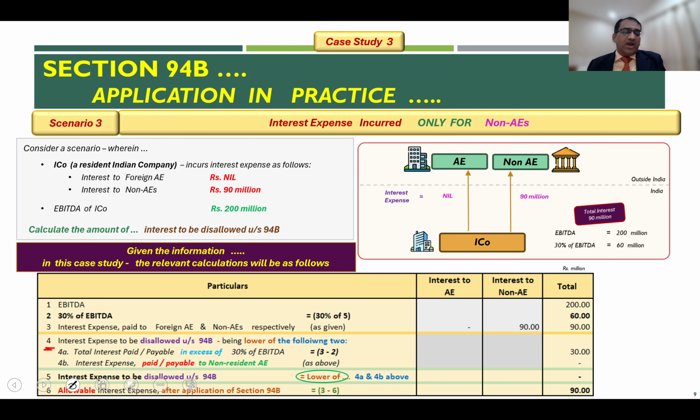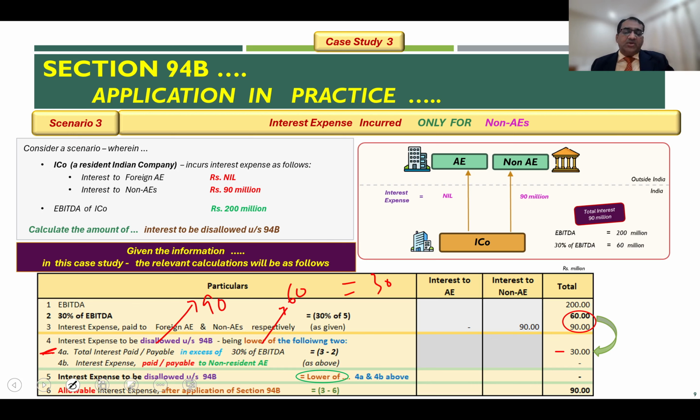You have these two numbers. So therefore, in this case, you are paying 90 million of interest, which is 30 million more than 30% of EBITDA of 60. And therefore, the first computation will say that total interest paid or payable is 90 in excess of 30% of the EBITDA, and therefore 30 is your first calculation.